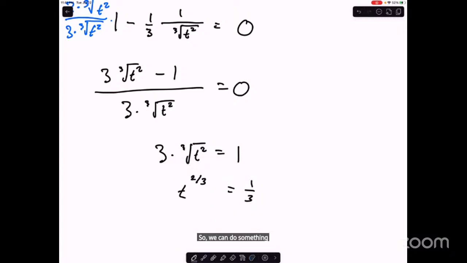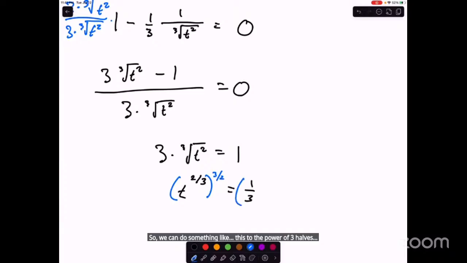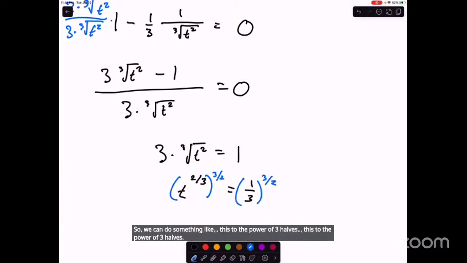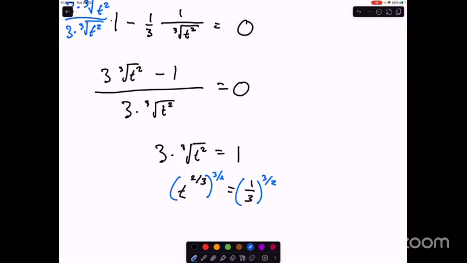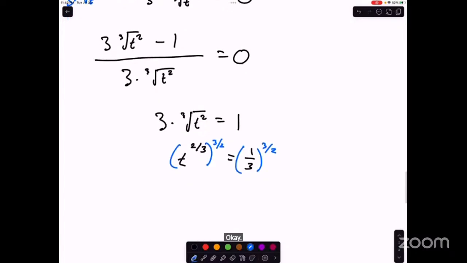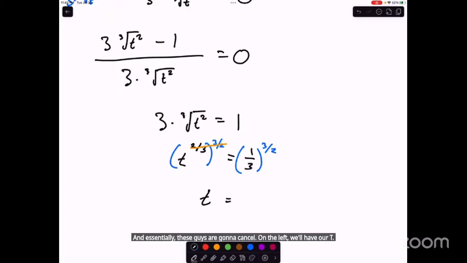Something like this to the power of 3/2, this to the power of 3/2. Okay. And essentially, these guys are going to cancel. On the left, we'll have our t.